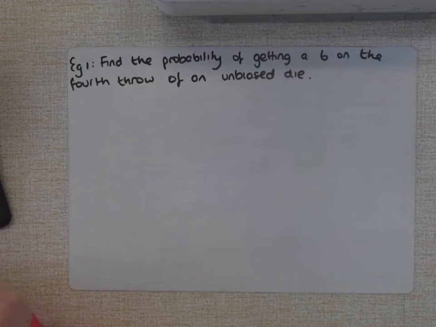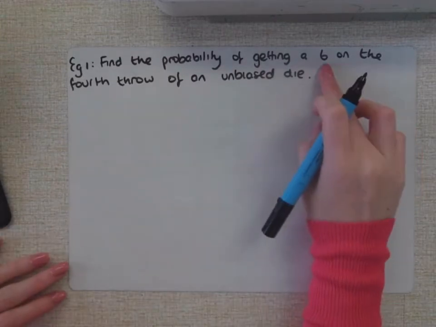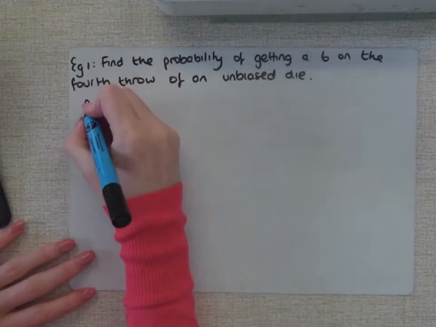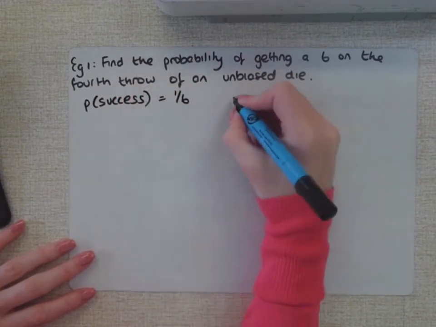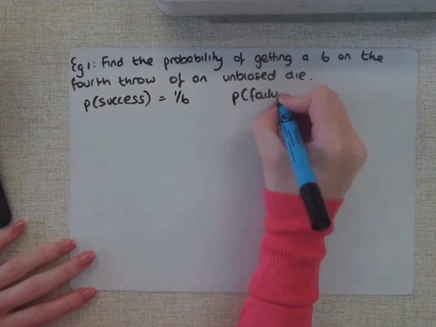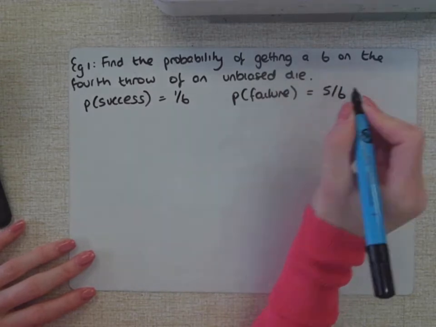You don't even need to classify it as failure and success. But if you did, what's the probability of success? That would be getting a 6, so that's 1 out of 6. So what's the probability of failure? 5 out of 6.